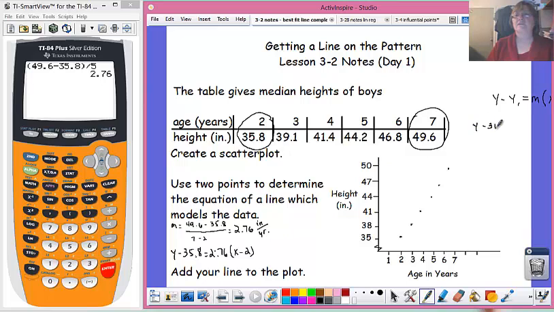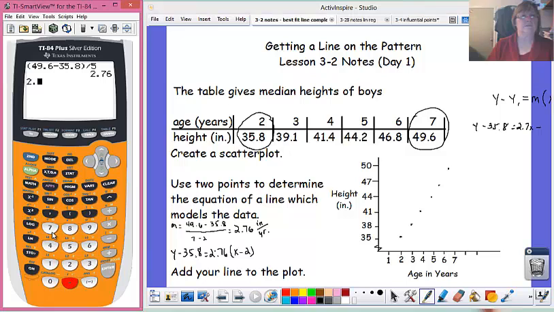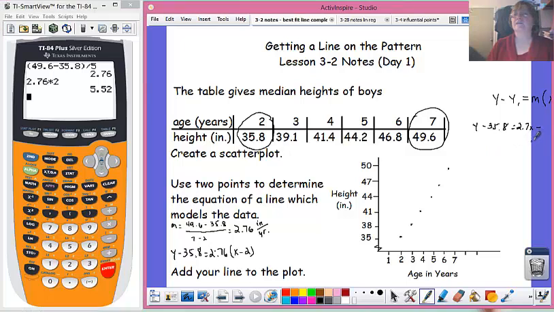Y minus 35.8 will equal 2.76x minus 2.76 times 2, which I should probably be able to do in my head, but I reach for the calculator because it's there, minus 5.52.